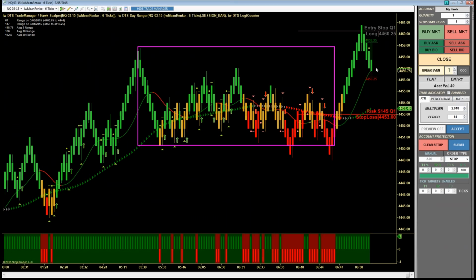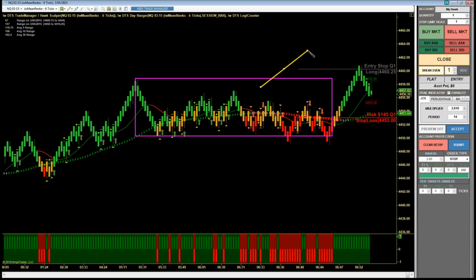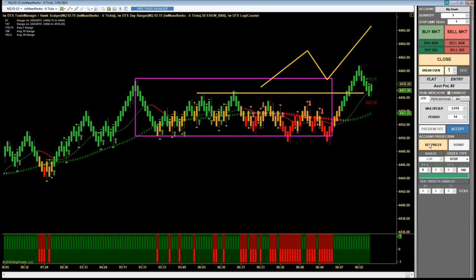So what we're looking at now, whenever you encounter a trade that has broken out of a range, like the NQ did, we're looking for this retest factor, right? And then we're going to get one of those. So that's what we're getting right now. Looks like there's the retest. I need to adjust my trade somewhat.